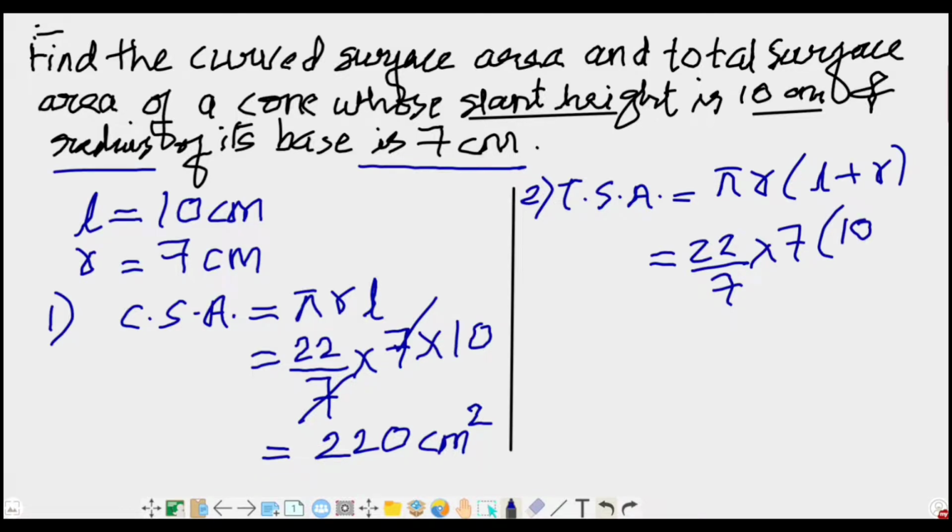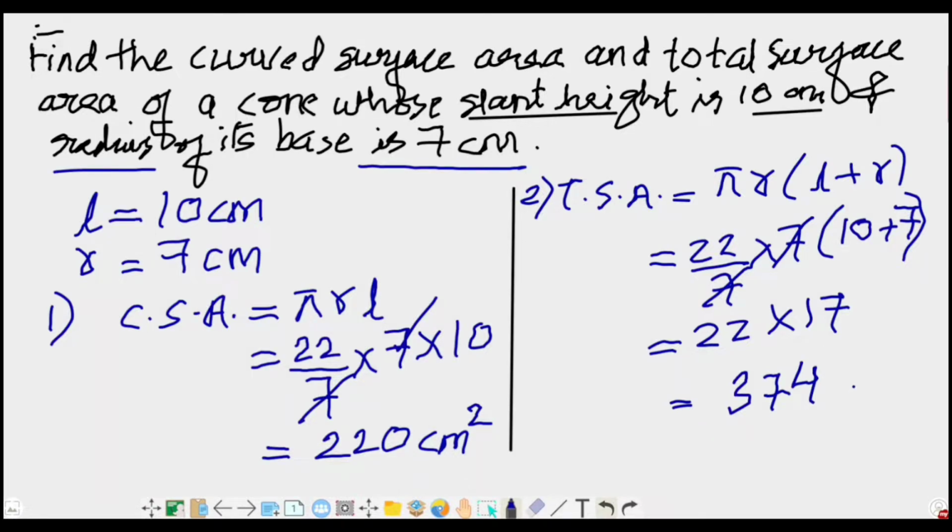Inside it will be 10 plus 7. This 7 will get cancelled. Now 22 you have to multiply by 17. 17 2s are 34, 3 carry again 34. So it will be 374 centimeter square.